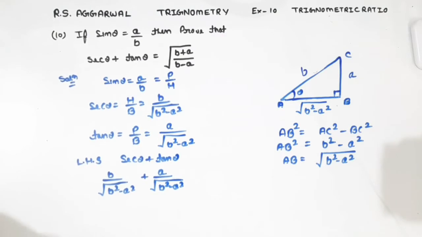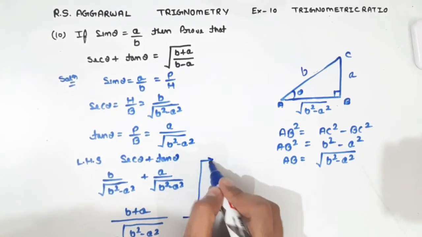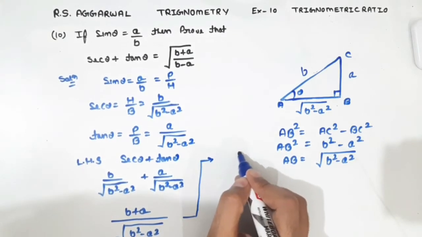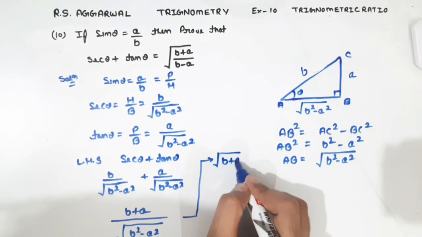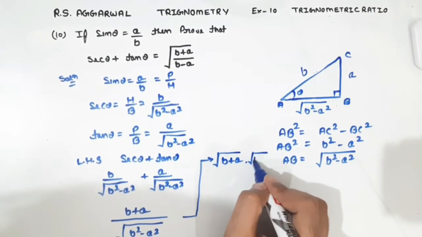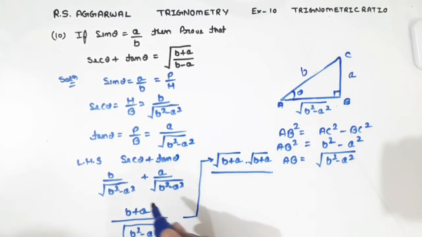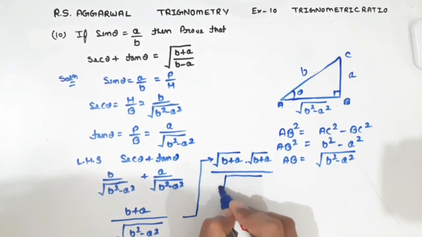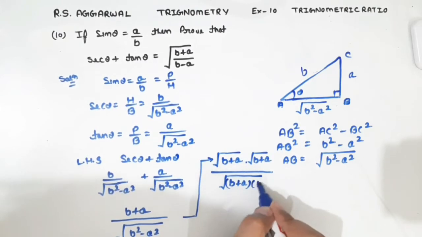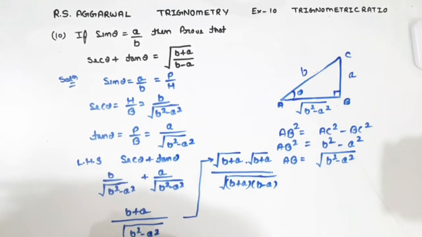So now here LCM will be under root B square minus A square, and this will be B plus A. We can write B plus A as under root B plus A into under root B plus A, and under root B square minus A square can be written as under root B plus A and B minus A, using the square minus square formula.